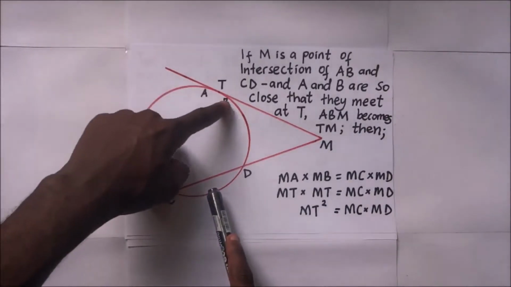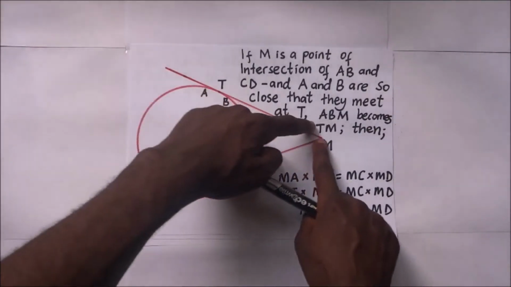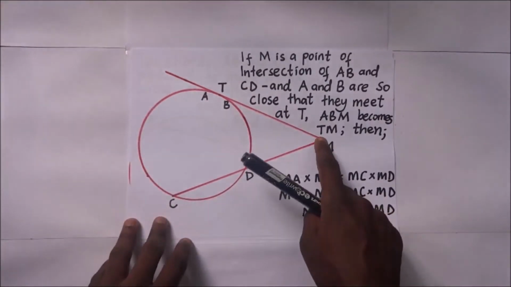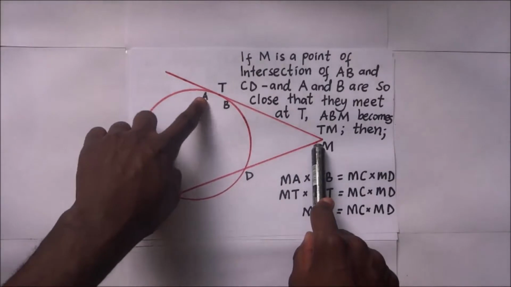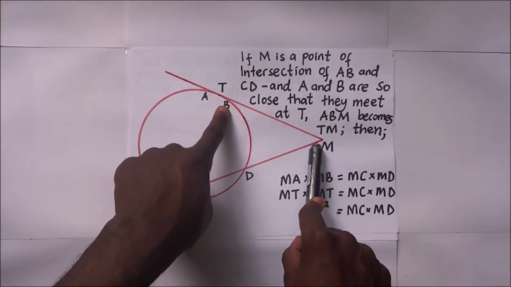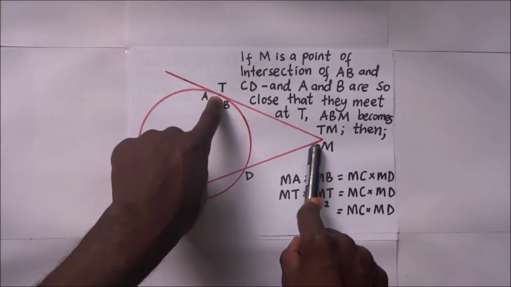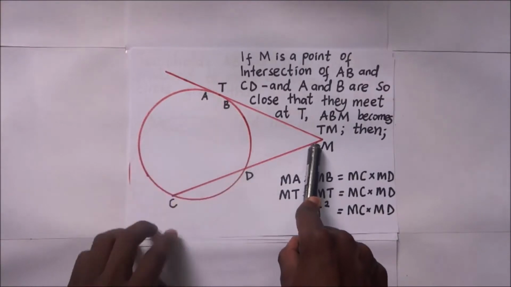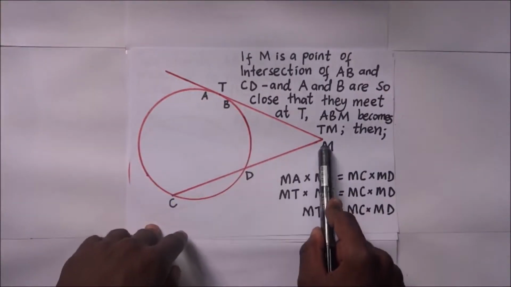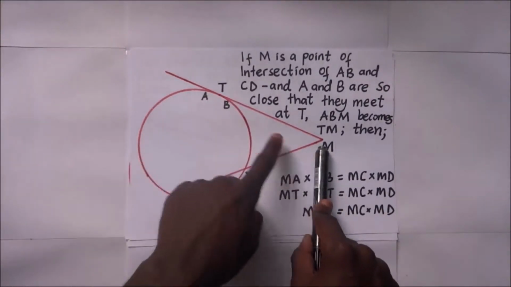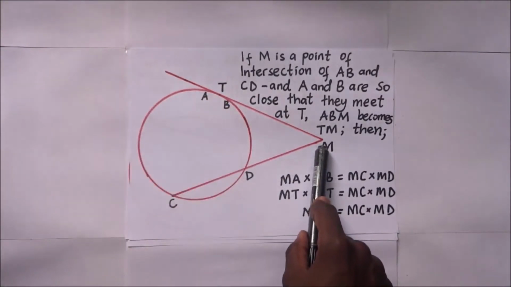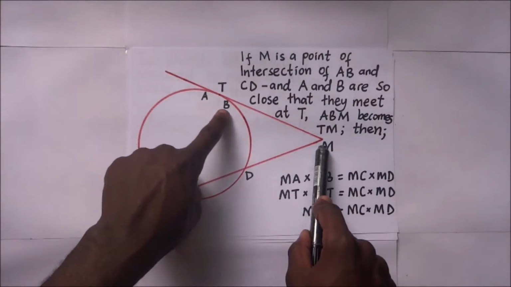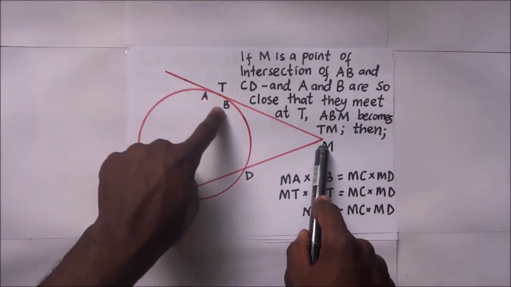When these lines AB and CD are prolonged and they meet at point M, and A and B are so close that they meet at T, then it means that ABM becomes TM. It means that this T is more of a representative point to represent A and B, since A and B are too close to each other.